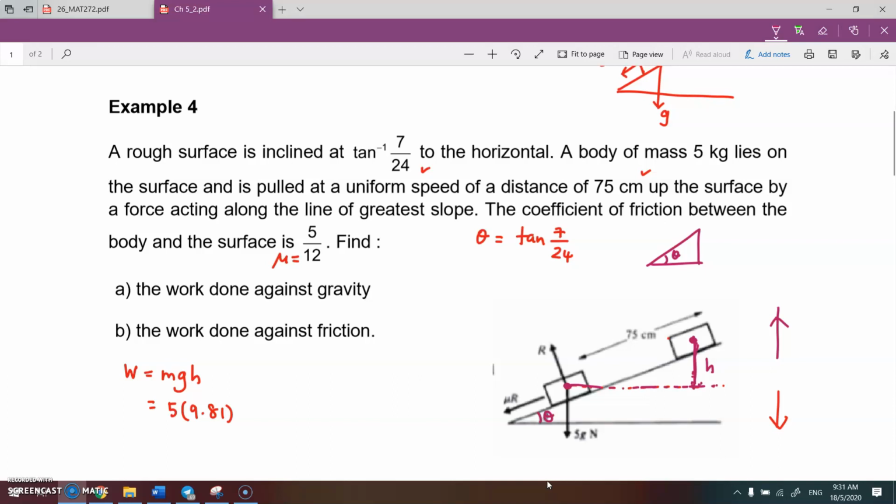The distance is 75, so we have 75 here, and then your h will be here. Should we use sine, cosine, or tangent?